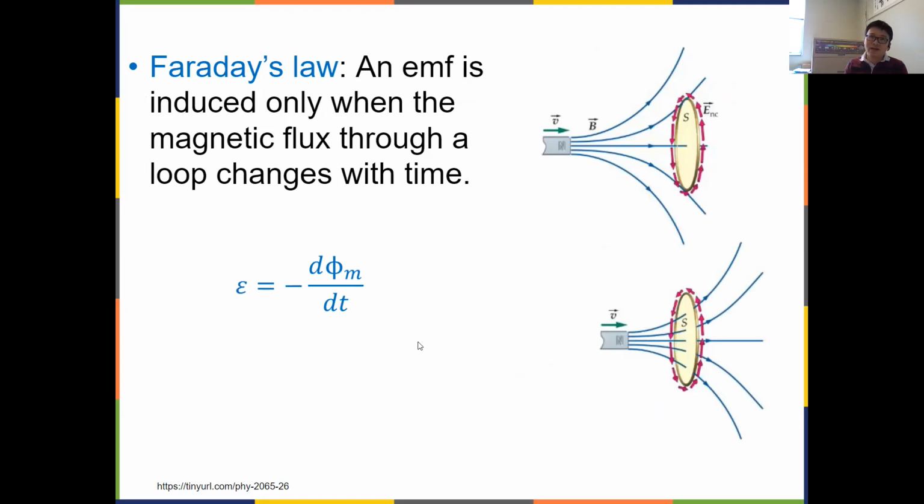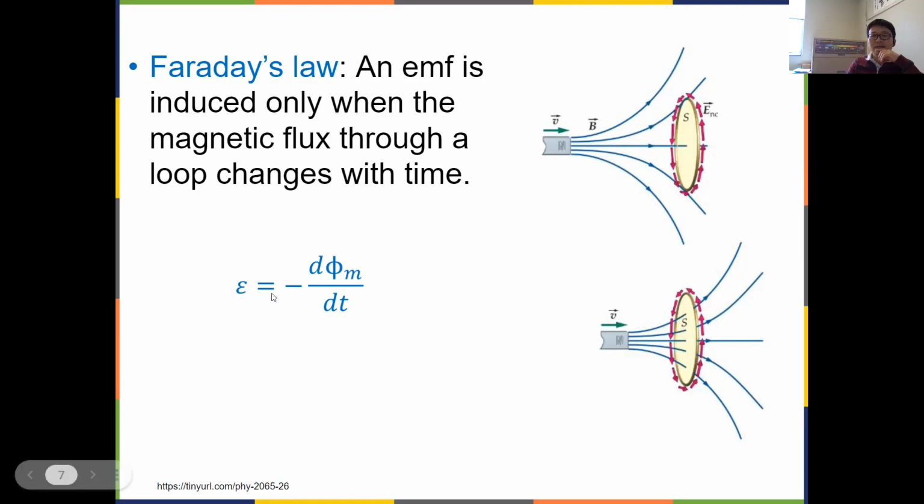All right. So if there's a change in flux, then you actually have a current induced. Now, current is due to an electric potential difference. If there's an electric potential difference in the conductor, then there will be current in the wire or in the conductor.